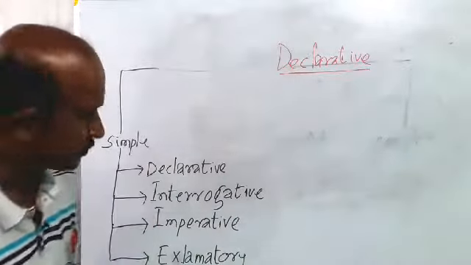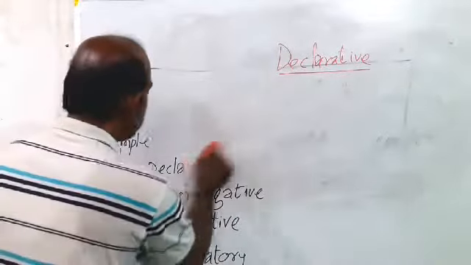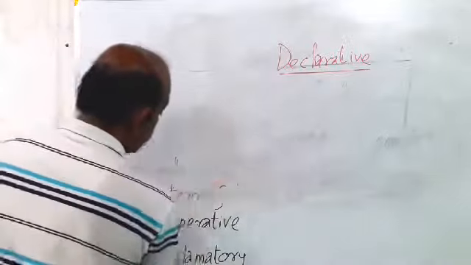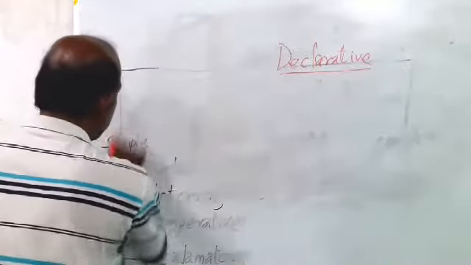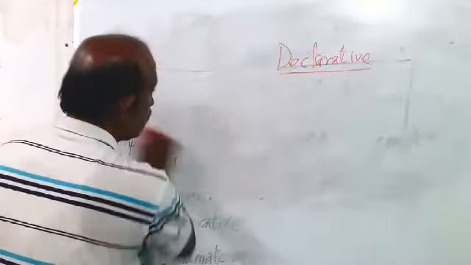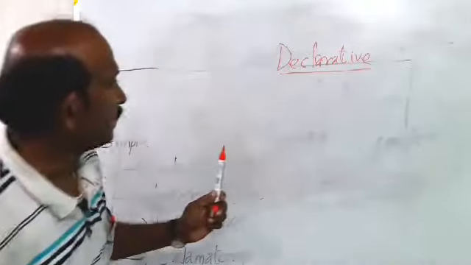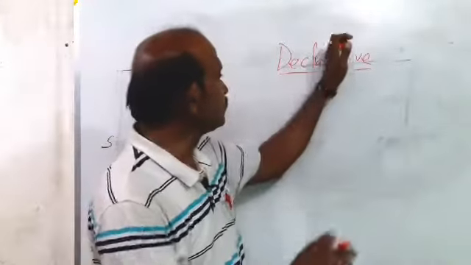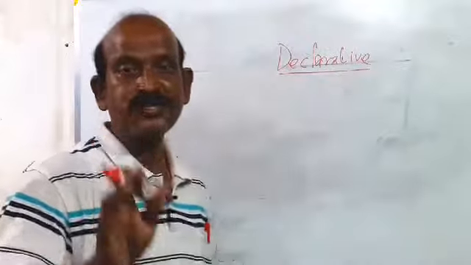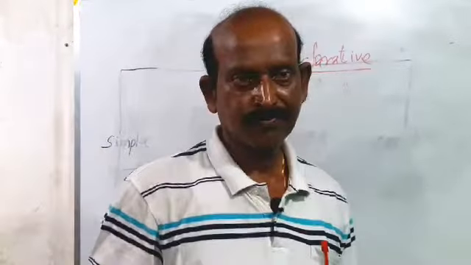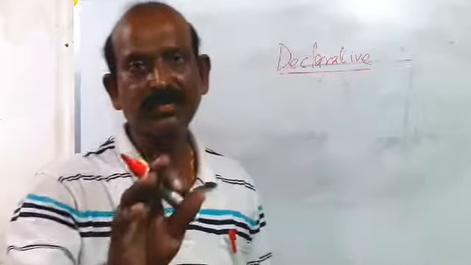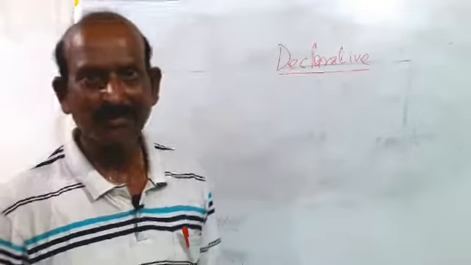What is a declarative sentence? Follow here. Do you know the meaning of declare? Declarative means the sentence which declares a fact. The sentence which declares a fact is called a declarative sentence. Very simple.